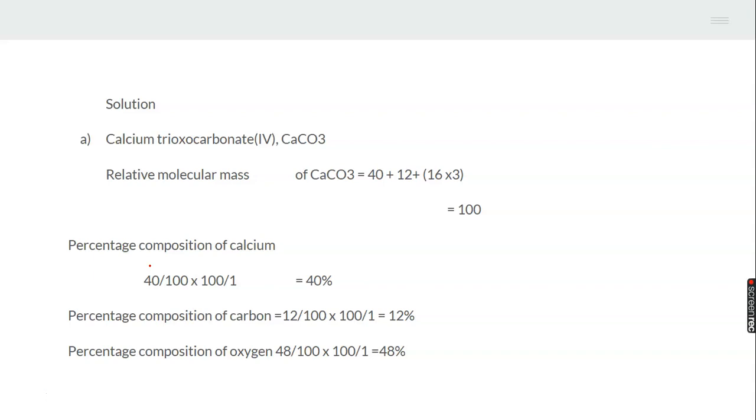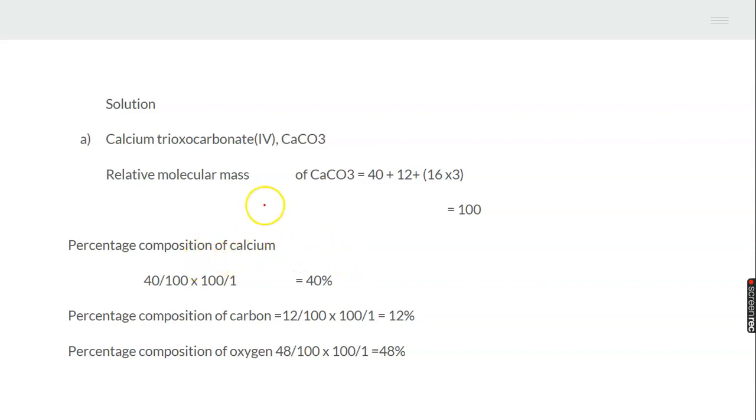So the solution for the first one, calcium trioxocarbonate(IV): here you have the relative molecular mass of CaCO3. For calcium, you have 40, for carbon 12, for oxygen 16, and we have 3 atoms of oxygen, so it should be 16 times 3, which gives a total relative molecular mass of 100.